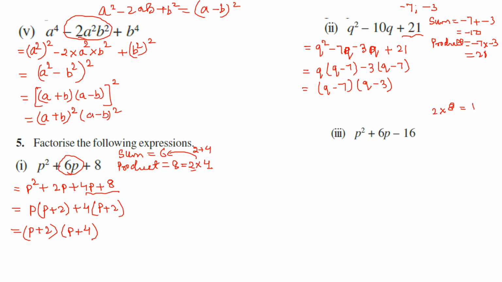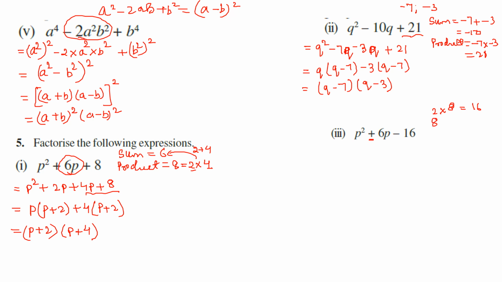But here it is minus 16. It means any one of them should be negative. So I can do either minus 2 or minus 8. But which one will be negative, that we can see from here. It is given the sum should be equal to plus 6p. So it means here it is plus. It means the greater number should be positive. Then only here it will come positive.